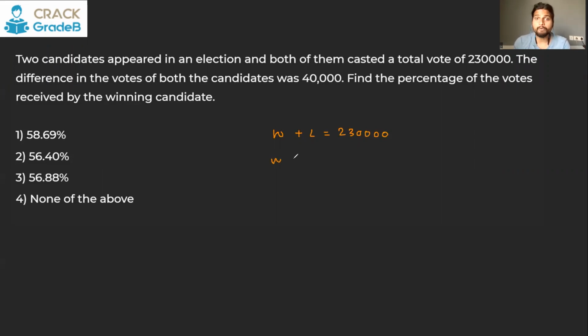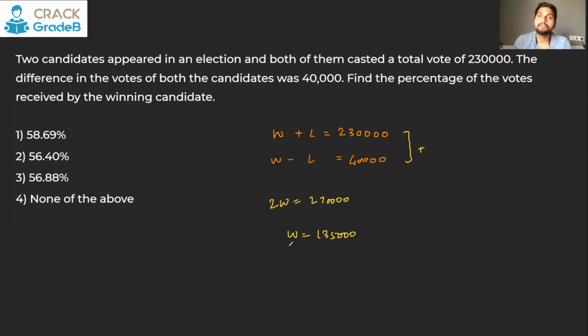And the difference between both is given as 40,000. So two equations, two variables, you can solve for the W. You can just add both first. So W plus W will get 2W, L will get cancelled, and that is 2,70,000. So W will be 2,70,000 upon 2, that is 1,35,000.